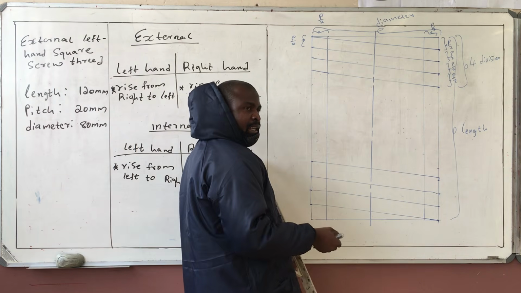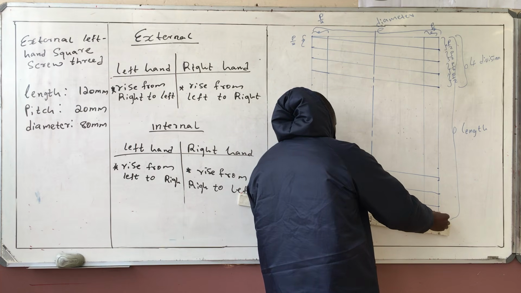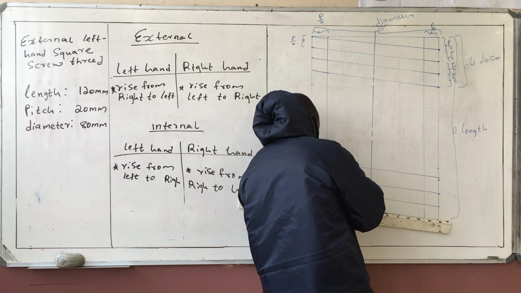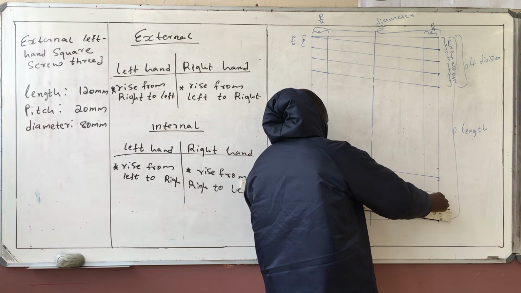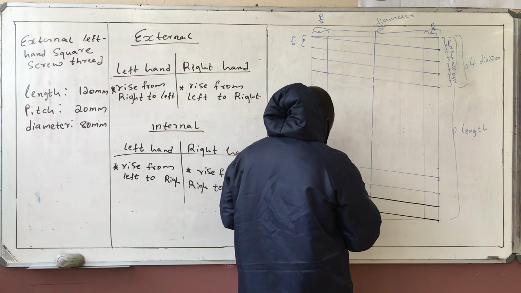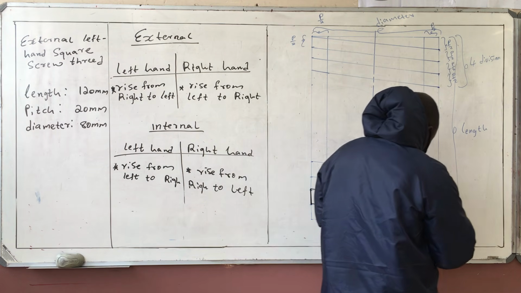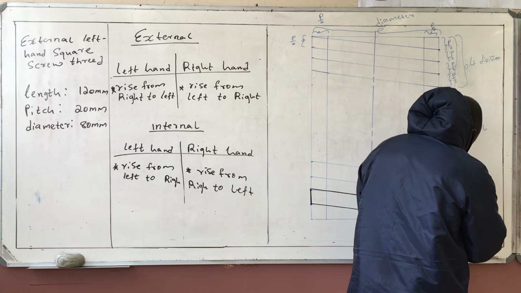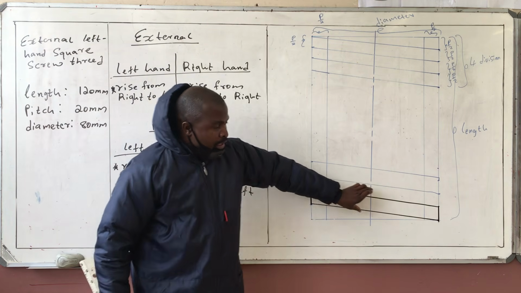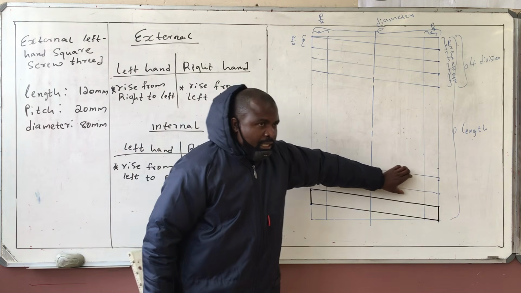So that first rectangle, I make it bold, the first rectangle. After making this rectangle bold, I skip the next rectangle and I make the last rectangle bold.